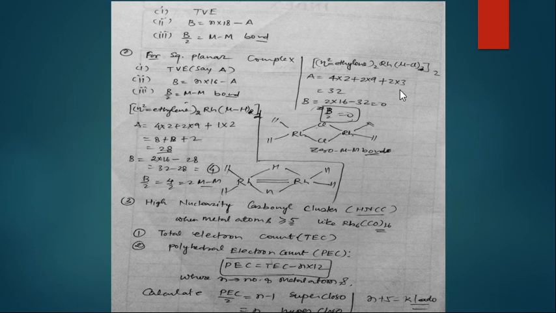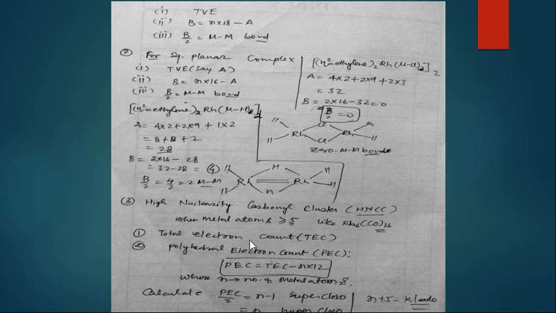In the third point, we calculate the metal bonds for the high nuclearity carbonyl cluster, which is applicable for greater than or equal to 5 metals.